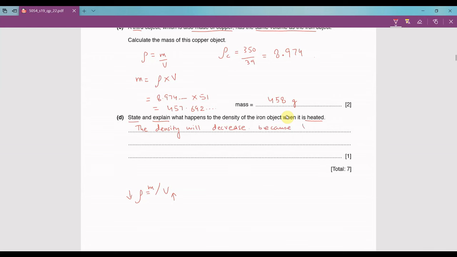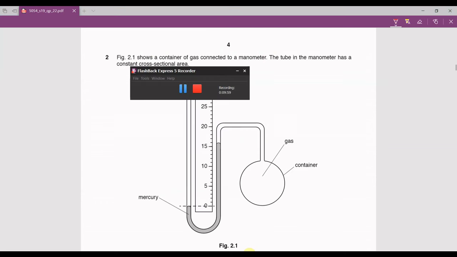Because the object will expand, which will increase its volume. Alright, so this is the first question. Now let's go to the next one.